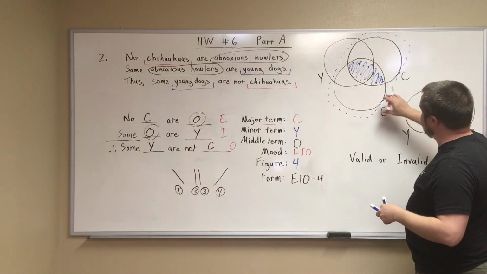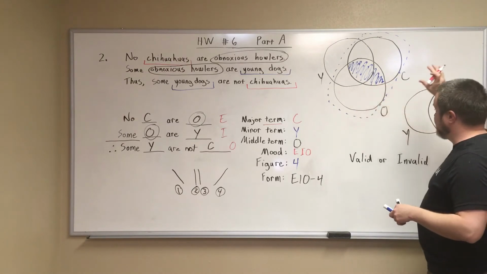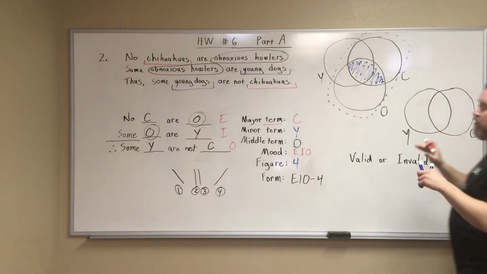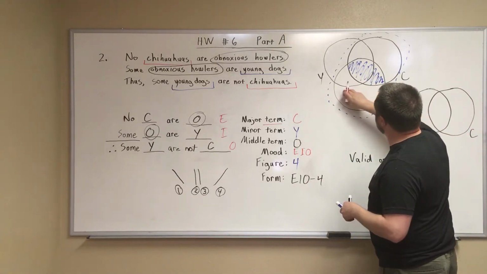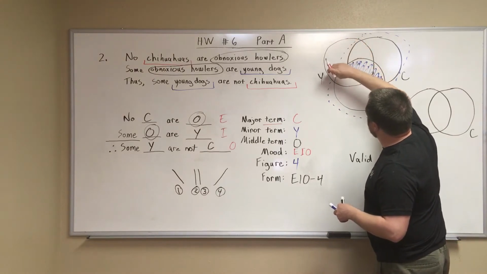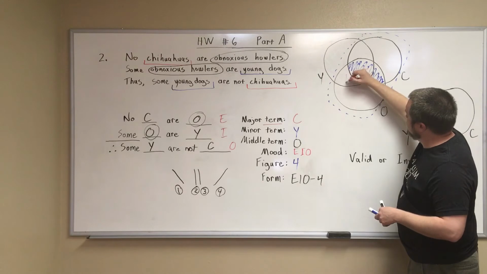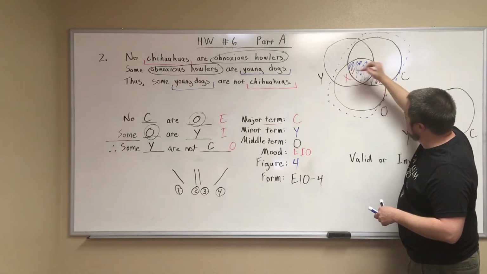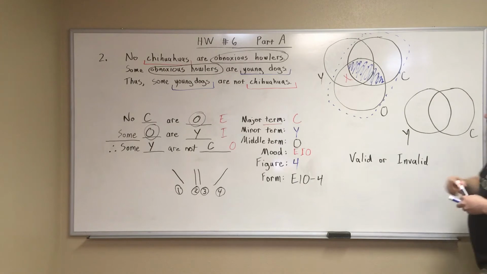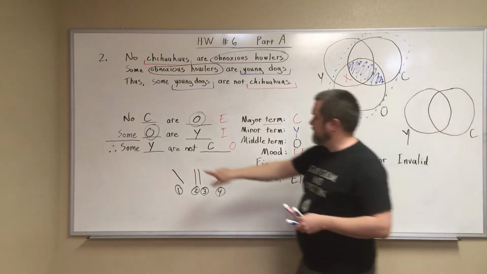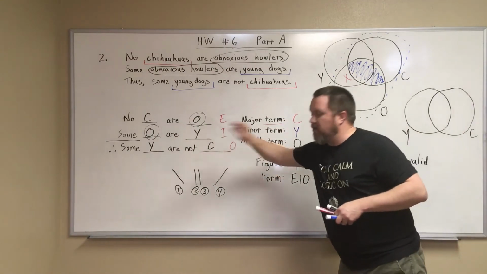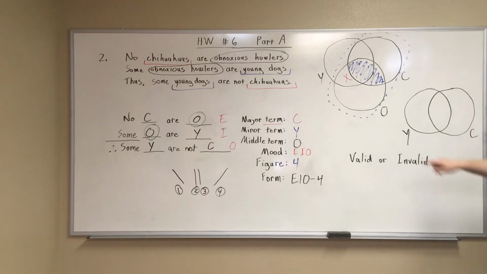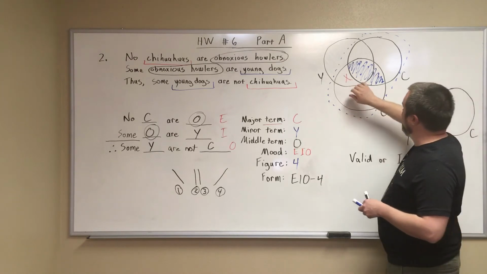So what it's saying is there's an X somewhere in the O circle that's also part of Y. And the only place this section isn't part of Y, this section we don't have to worry about because it's not part of O. But this section is the only section that's open, at least, that's part of both O and Y. So it's saying there is at least one O that is also Y. So that X represents at least one thing that's part of both O and Y.